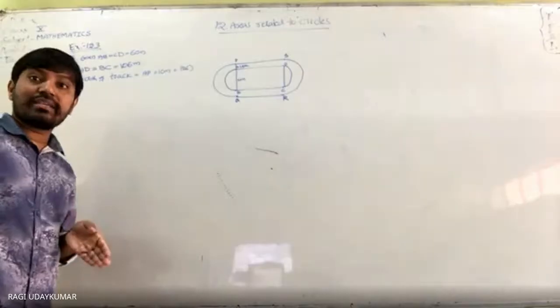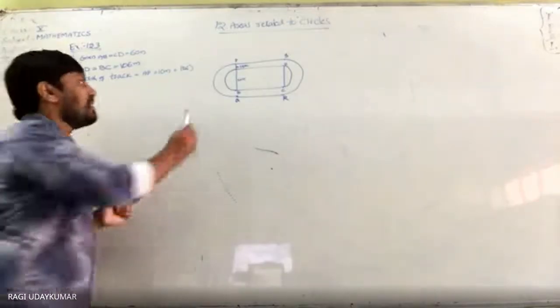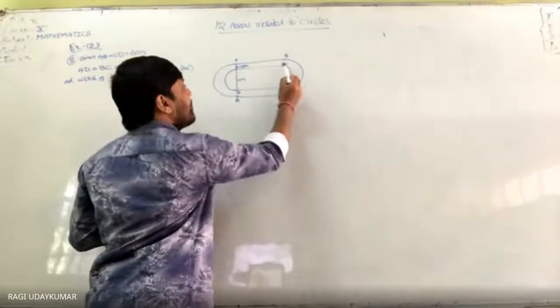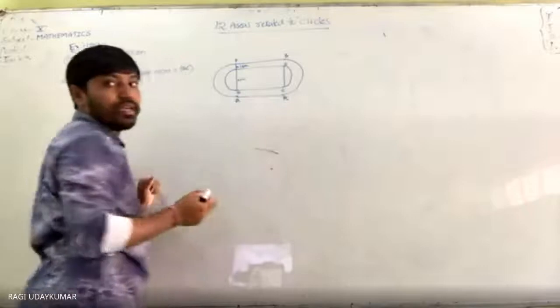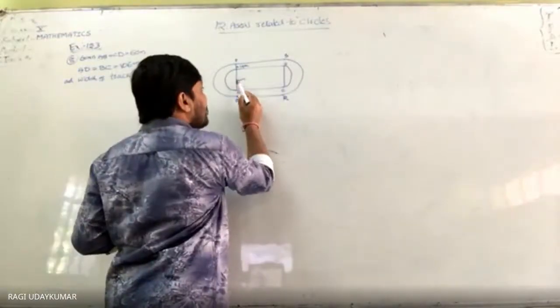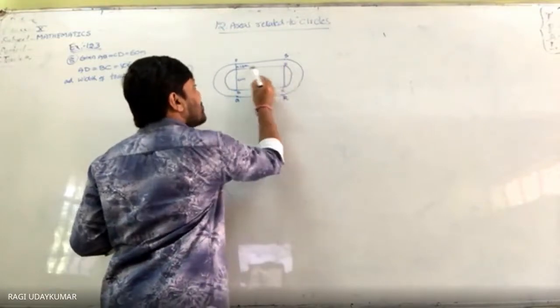Now the question is the distance around the track along the inner edge. This is the inner edge. What is the length of this track, the distance? Now here the question is given to you. What do you need to find out here? It is not just this length to be found. It is this plus this one plus this one.